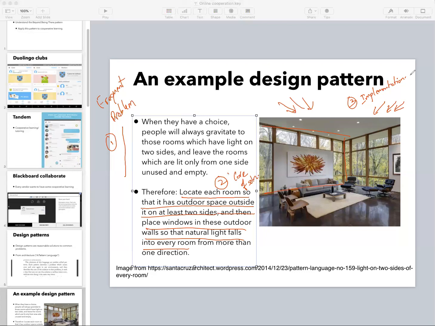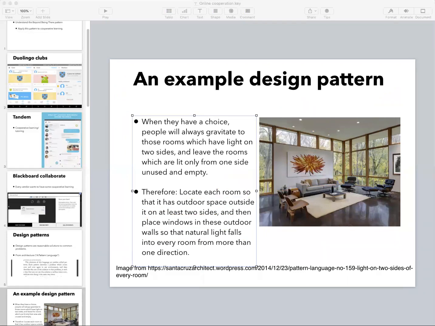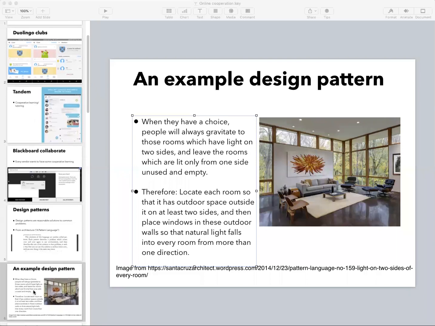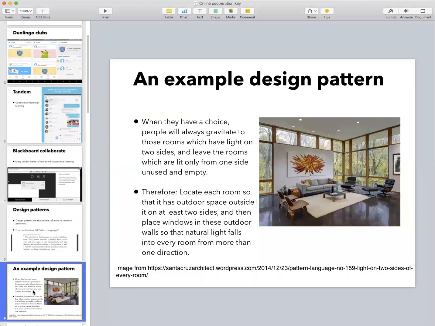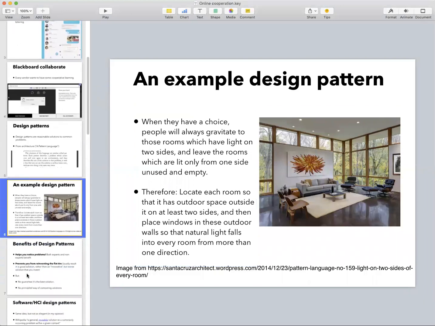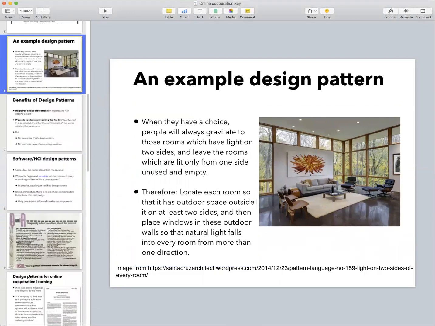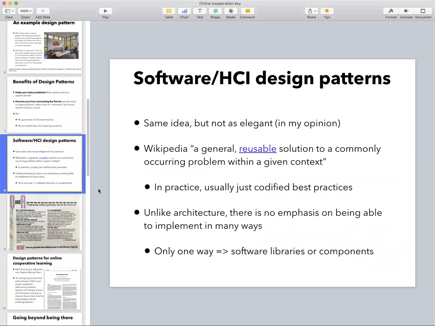So this is one example from architecture which describes what a design pattern is. Now, I will say here that while this idea of a design pattern has been enormously influential in software and HCI, sometimes software and HCI people, when they talk about design patterns, they don't quite mean the architectural design pattern.